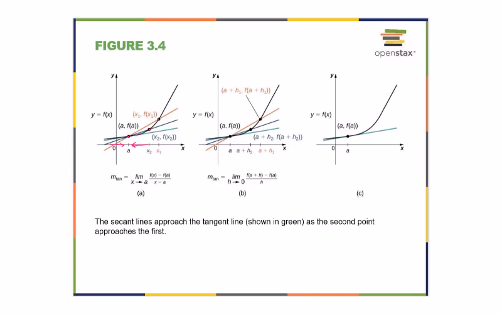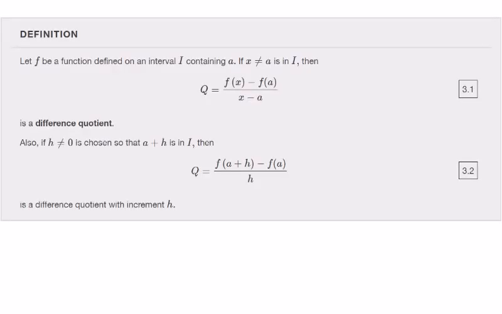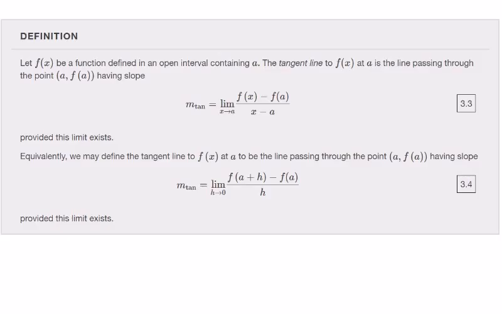Okay, so basically we started with our secant formulas, right? Our difference quotient here and our increment formula here, and then we just introduced the limit. We put the limit in front of both of those, right? To where we have, hey, what if these get super close together, right? What if this value gets as close as possible to this value, all right?